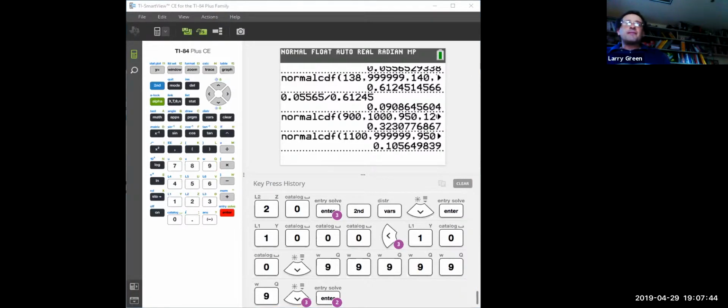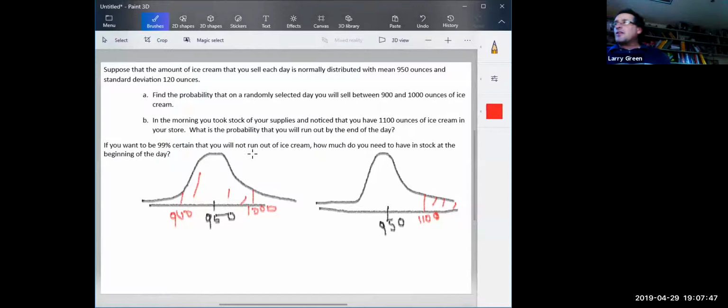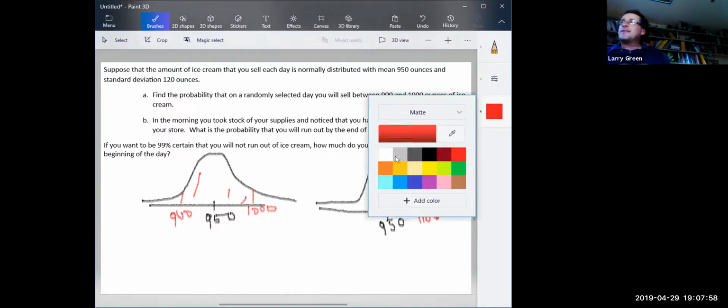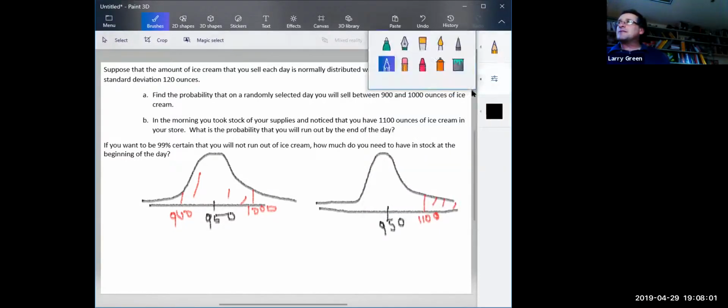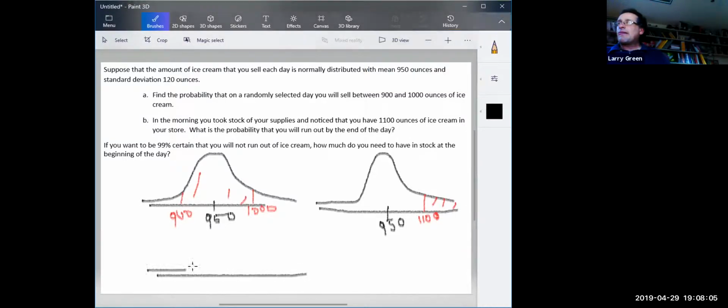Okay. Let's go to the very last one of the day. If you want to be 99% certain you're not going to run out of ice cream, how much do you need to have in stock at the beginning of the day? So I think you all know the beginning. We need to draw a picture. 950. All right.